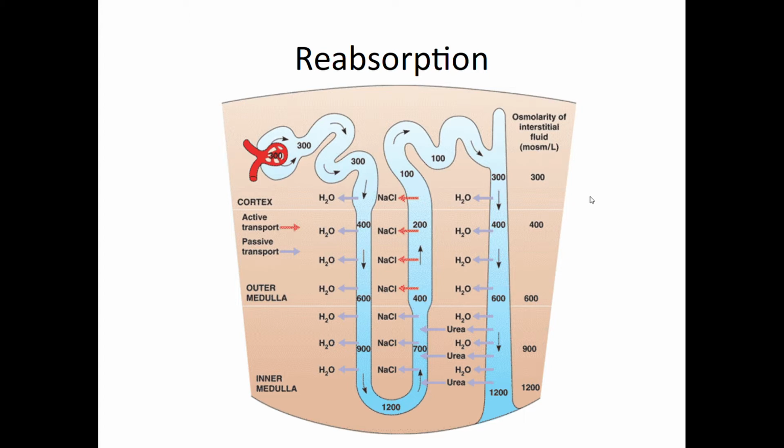So we're seeing this 300 milliosmol per liter that's the same as what we have. Now the deeper you get into the kidney, into the nephron, the higher the concentration gets. And that's going to be important for being able to pull water out of the filtrate. So we'll talk about how all of that happens.